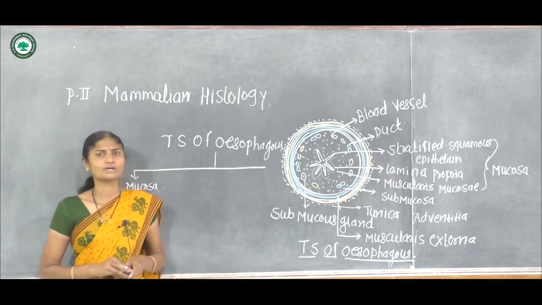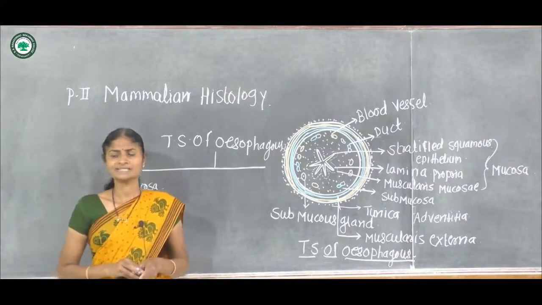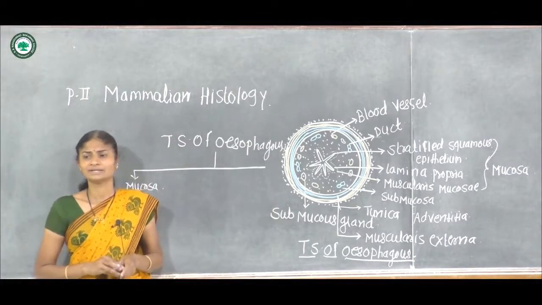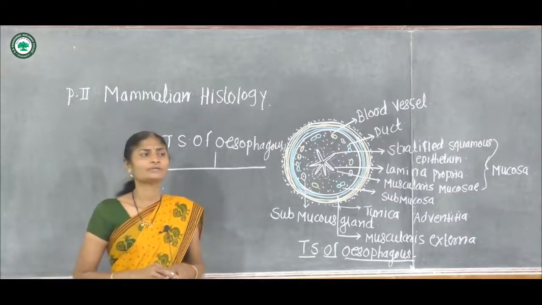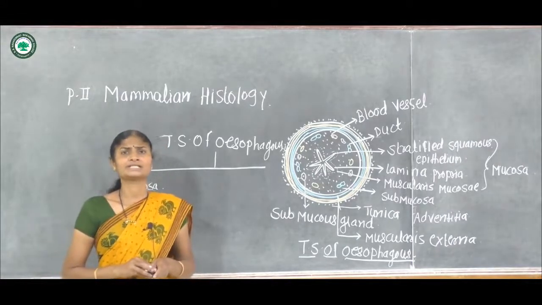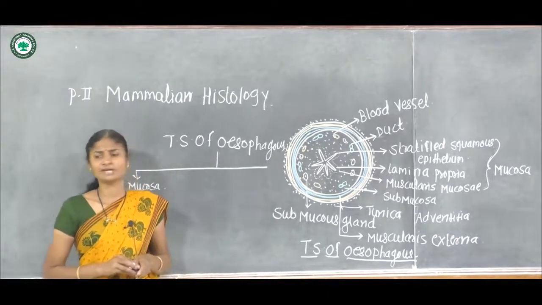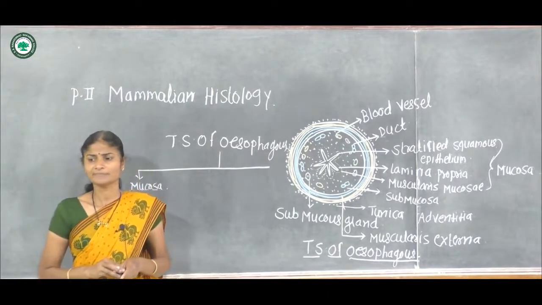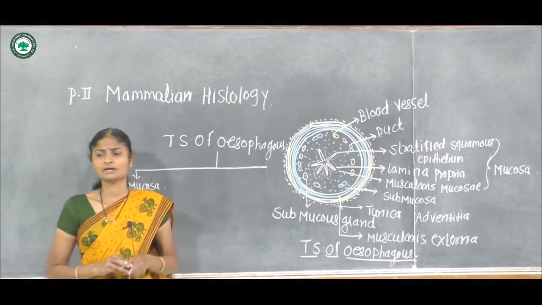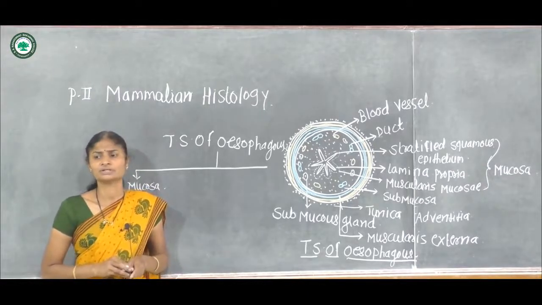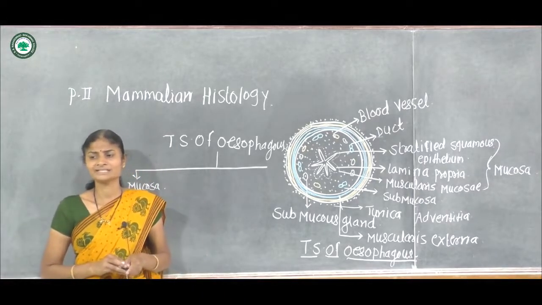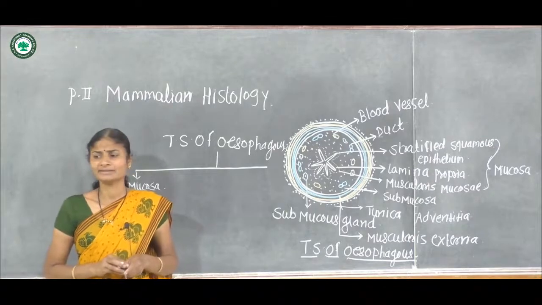Food is often rough and passes with great speed. Therefore, the mucosa layer consists of protective stratified epithelium, which prevents erosion. In animals which swallow rough vegetable food, the mucosa layer is keratinized and erosion is prevented.